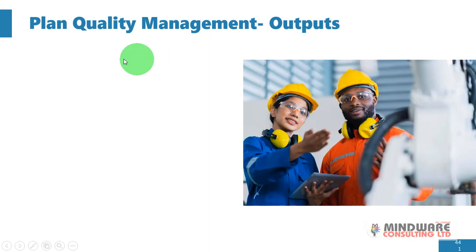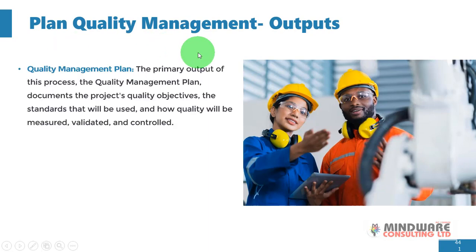So what are the outputs in the plan quality management process? Here you have the quality management plan. After all is said and done, you now have a clear document that outlines the quality management plan, and documents the project's quality objectives, the standards that will be used, and how quality will be measured, validated, and controlled.